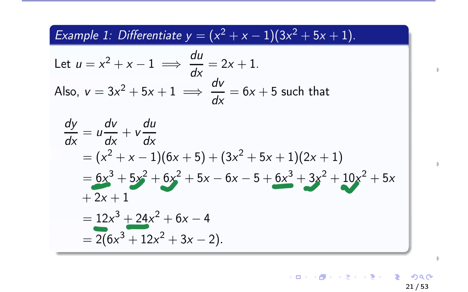Then minus x plus 5x is 4x. 4x plus 2x, that is 6x. And lastly, we go for the constants. That's minus 5 plus 1, that's minus 4. And that's it. And then you see that you can factorize 2. So you have 2 out of 6x cubed plus 12x squared plus 3x minus 2.